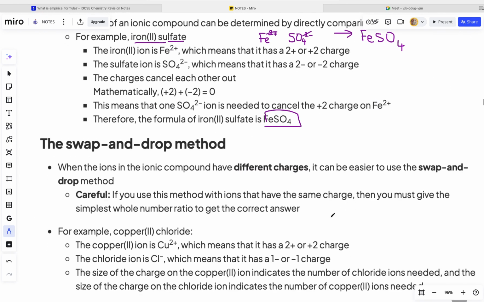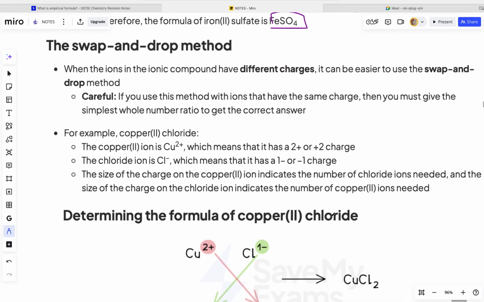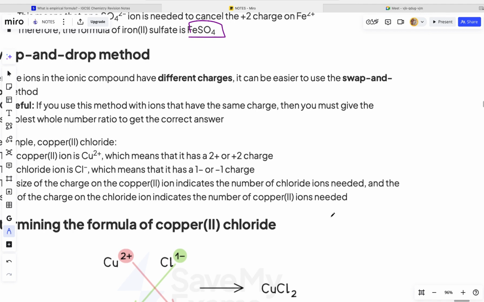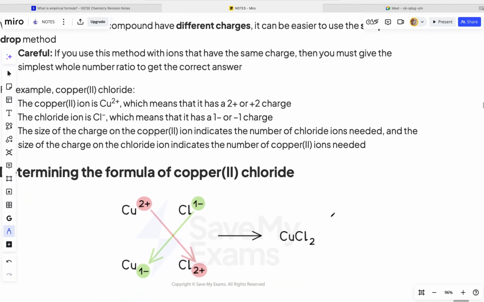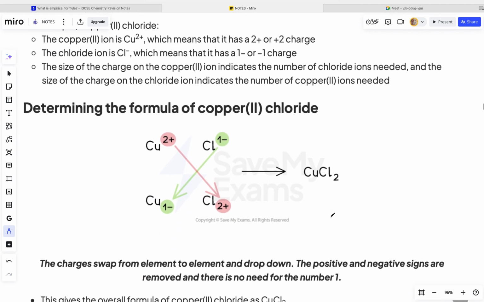Now what about the swap and drop method? The swap and drop method is to write the formula out, and you use it if you see here we have 2 ions, for copper 2 chloride. Because they say copper 2, you write 2 plus on top of copper.